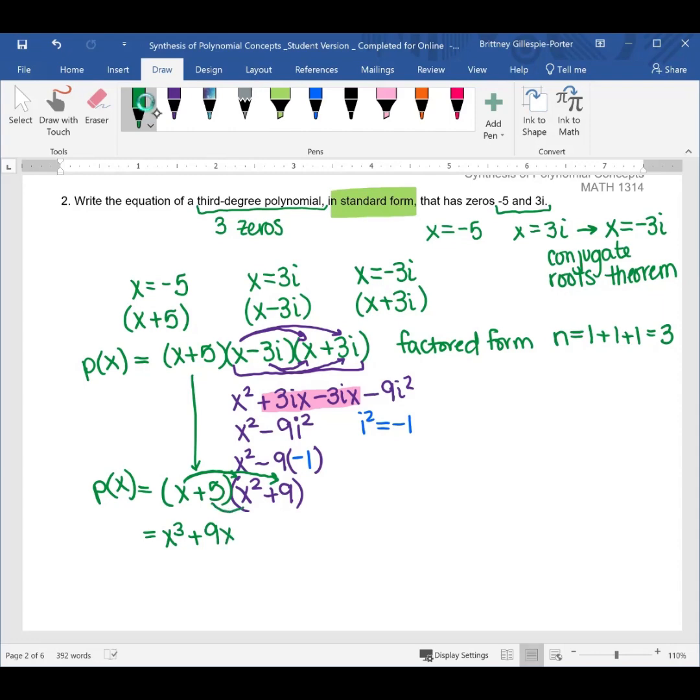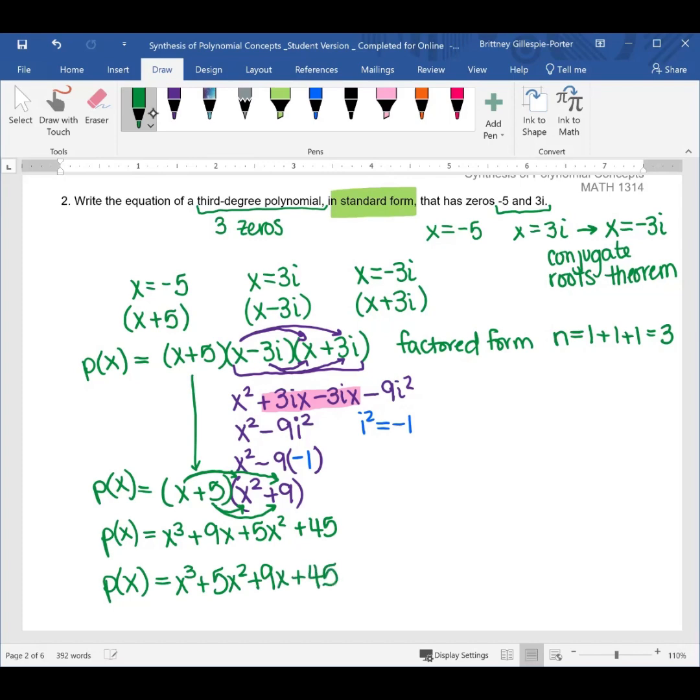Inside, 5 times x squared gets us plus 5x squared. And 5 times 9 gets us 45. And let's go ahead and write this in descending order. We have x cubed plus 5x squared plus 9x plus 45.